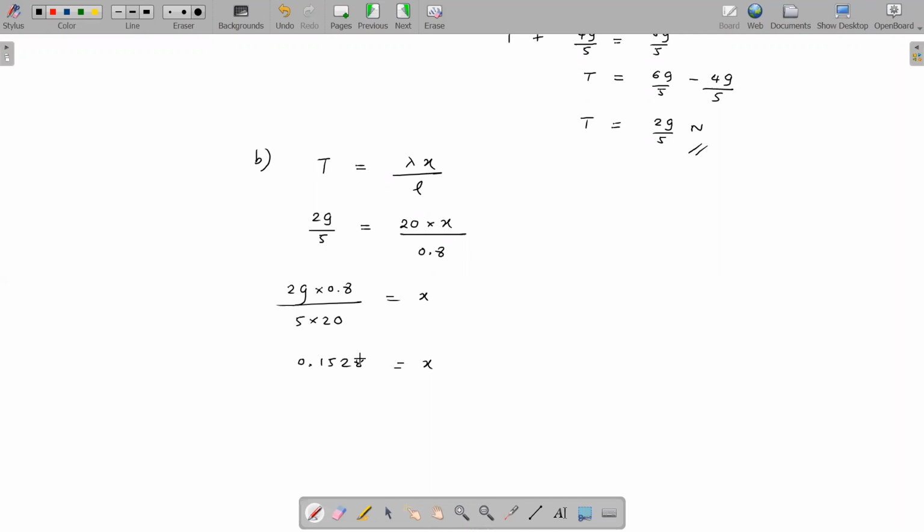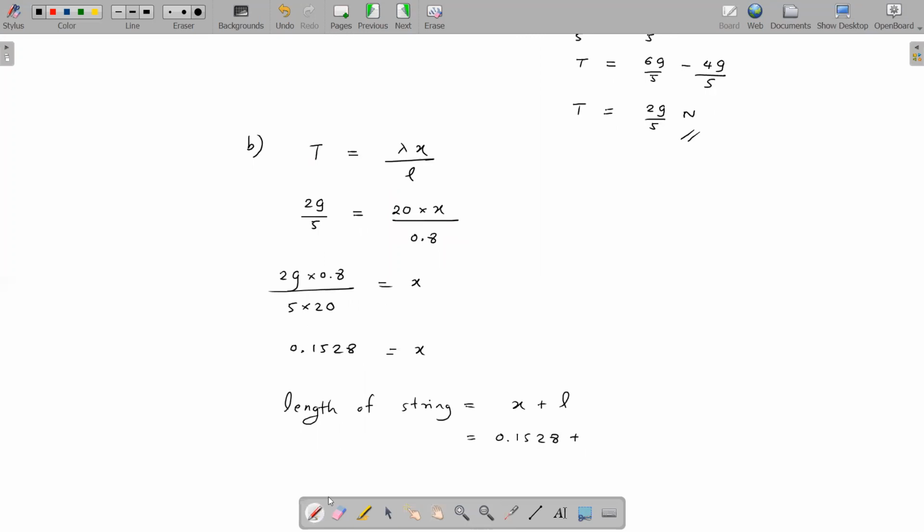Anyway, this is not the final answer. Remember, whenever you use g as 9.8, answers are either 2SF or 3SF. This is not the final answer. Final answer is the length of the string. So length of string is x plus L. x is 0.1528 plus natural length L is 0.8.